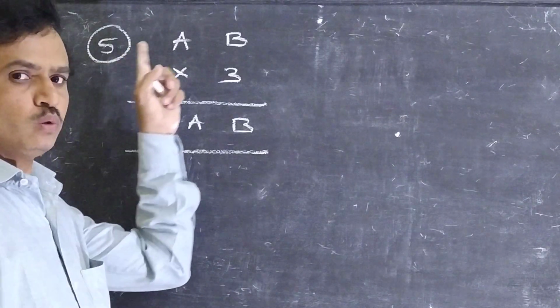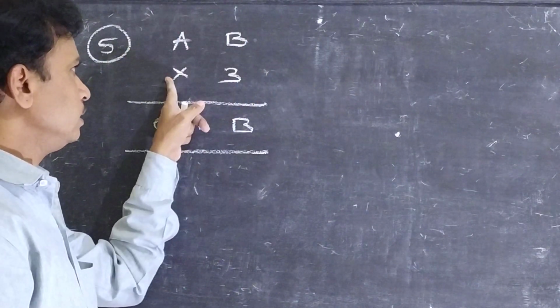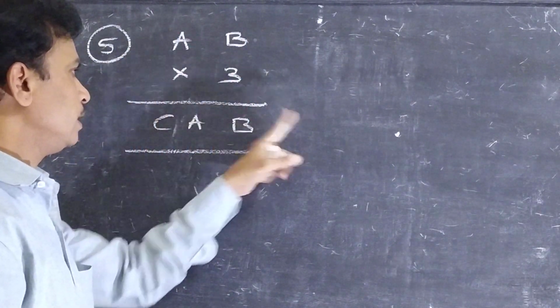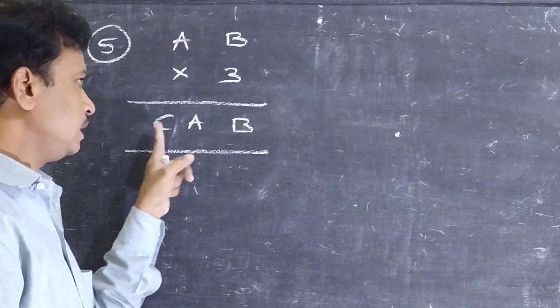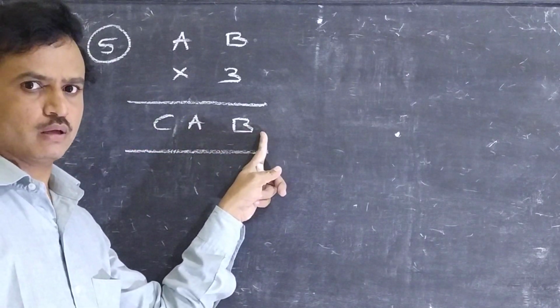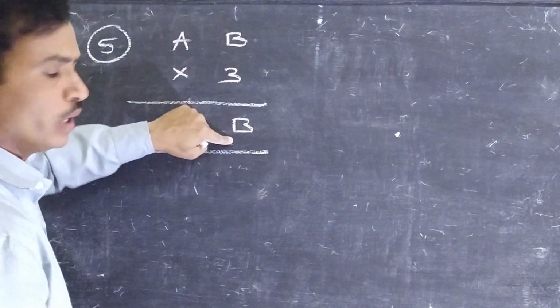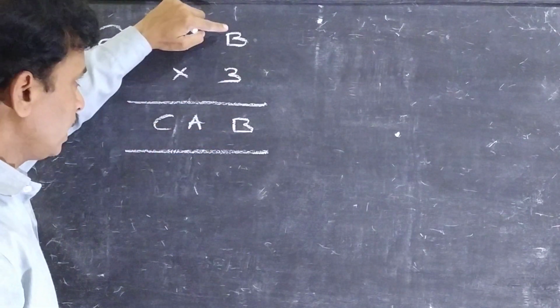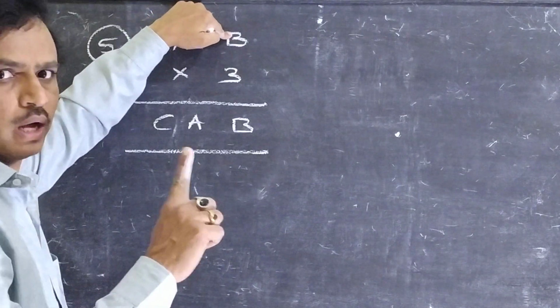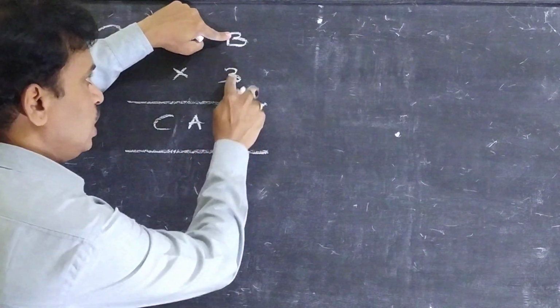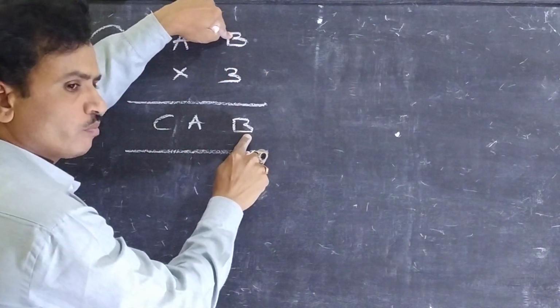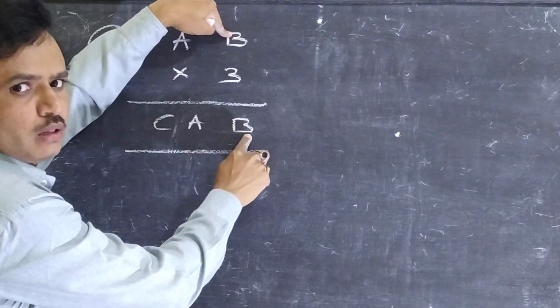Question number 5. Here A, B into 3. Here the remainder, that is the answer, C, A, B. Now here B is there, here also B. If you take B is equal to 1, 3 1s are 3. It is not possible.